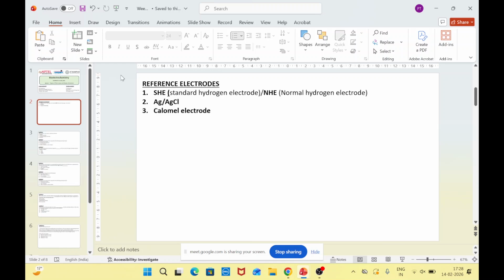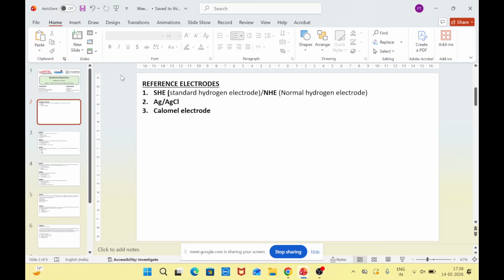So my question over here is, when SHE or NHE has an E naught value of 0 volt, why does it only remain as a thermodynamic reference, and why is it not used in practical electrochemical cells?